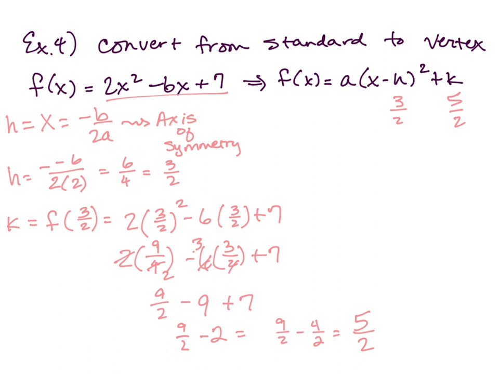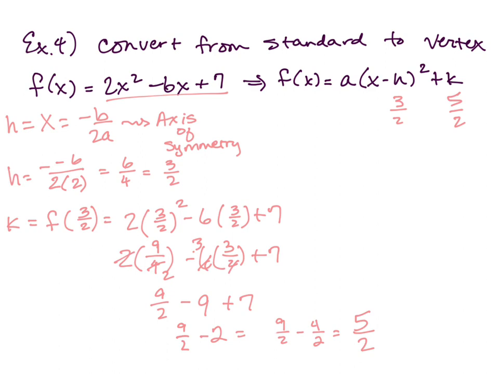We're good here. We get K. Right here, 6 times 3 halves, that's 18 halves, which is 9. Okay, so we just put H and K into this equation. What's A? 2.